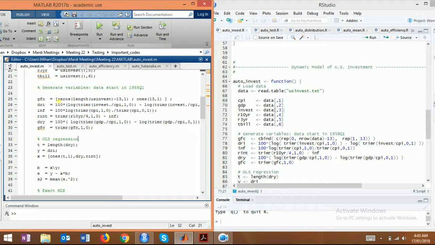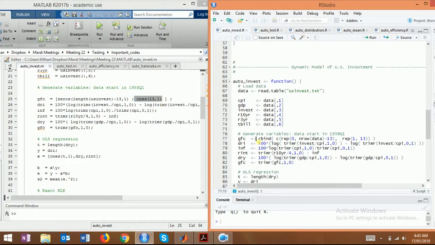Okay, so we are creating zeros here, with the US invest length minus 13. Very simple. We don't want the last 13 investment information. Zeros up to that, and ones for the other. Minus 13, and this will go into ones because it's a column. The rest 13 are just ones.